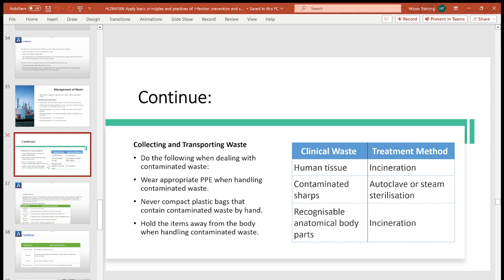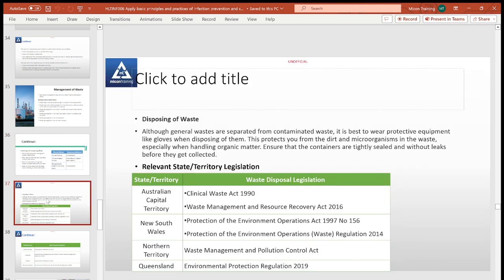If we are dealing with contaminated sharps, autoclave or steam sterilization is what is required to treat such waste. And if it has to do with anatomical body parts, incineration is the best way to deal with it.